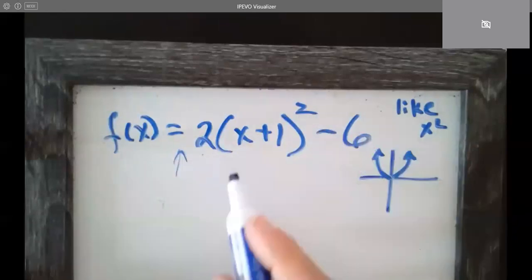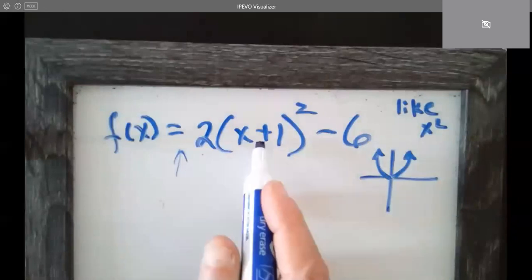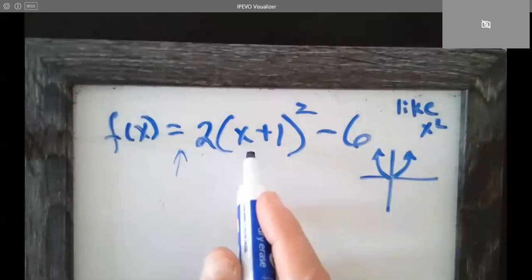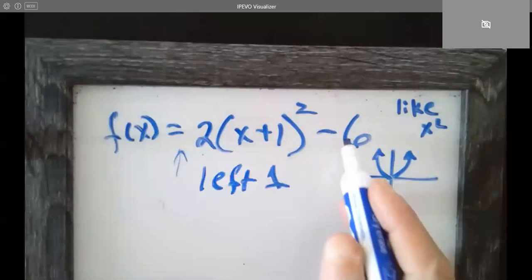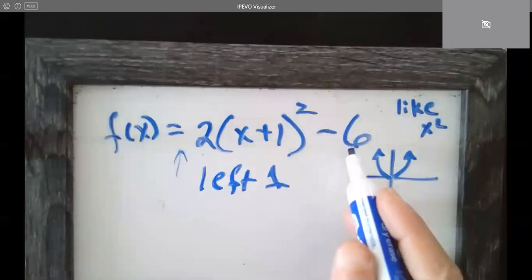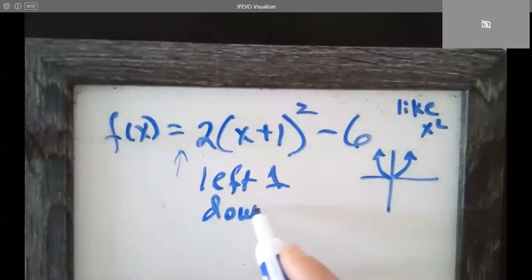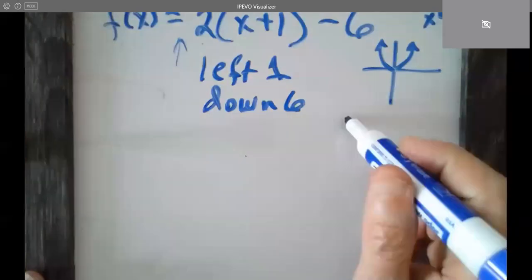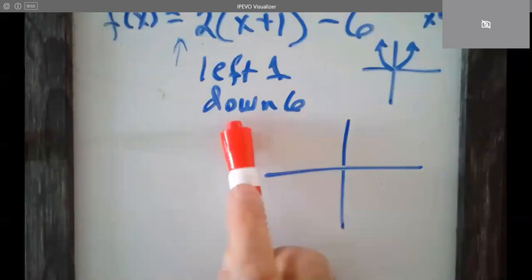So the x plus 1 is going to make it shift to the left. Good. Left 1, and the minus 6. Down. Excellent. Down 6. So it helps to write out the transformations.